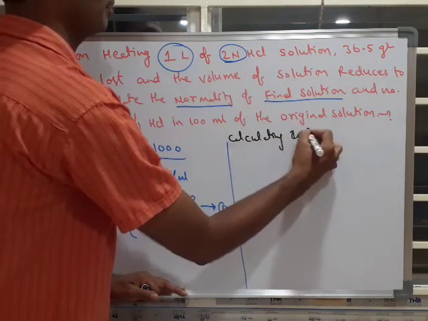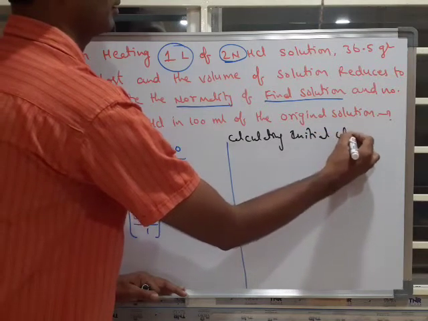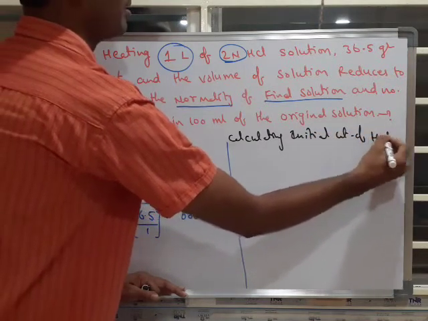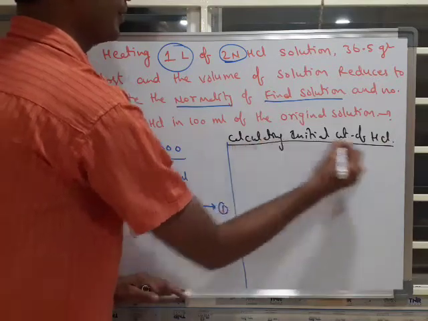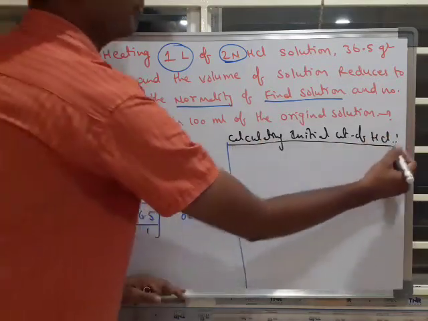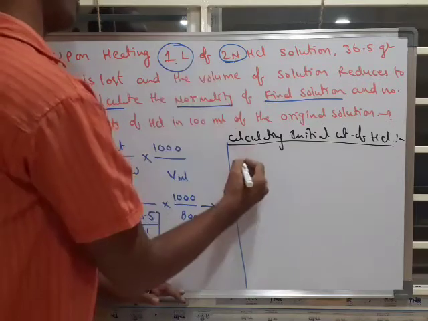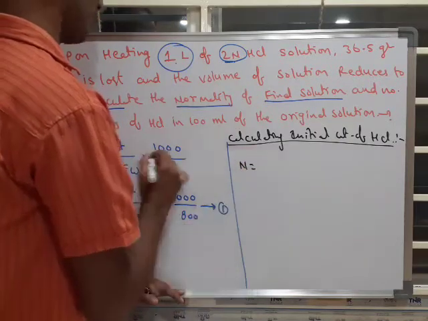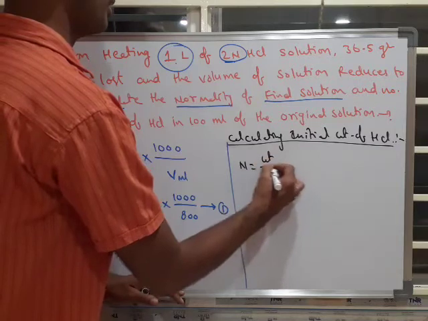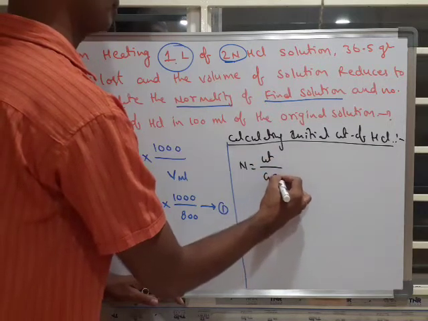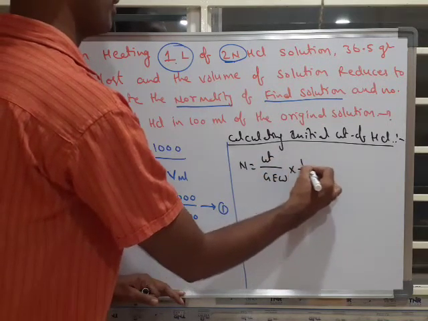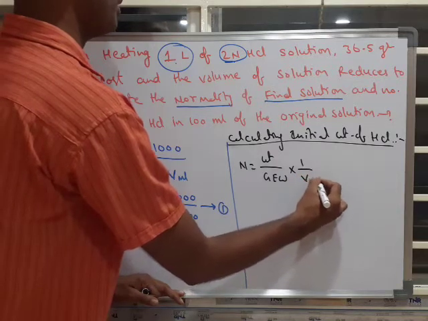Calculating the initial weight of HCl. Finding the initial weight is very simple. We know the normality and we know the volume. The normality equals weight by gram equivalent weight into 1 by volume in liters.